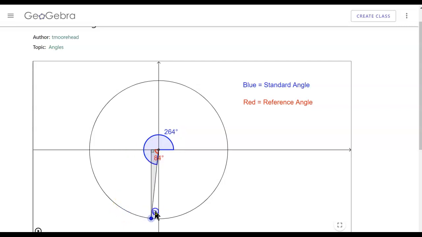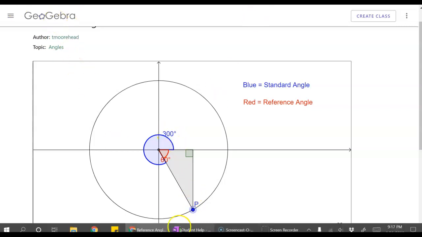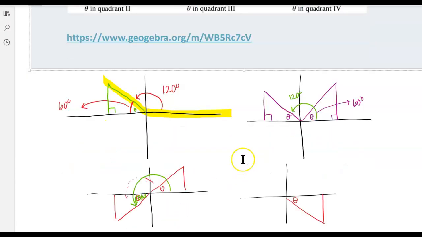And then similarly, if we come over to 300 degrees, we'll also have a reference angle of 60 degrees. So I put the website in the PowerPoint if you want to check out this cool website. Let's go back over here.